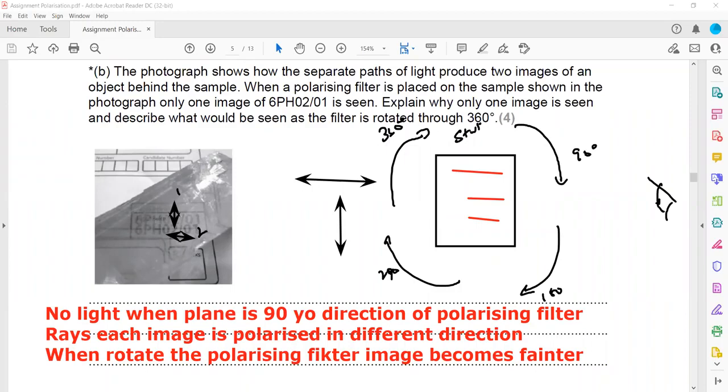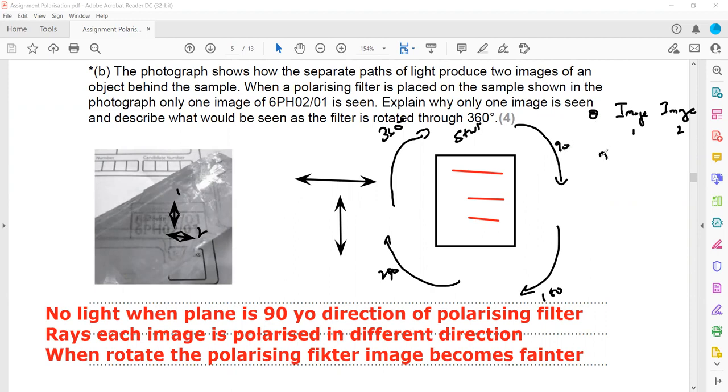So in the beginning, when the polarizing filter is placed, which image will be seen? We have image 1 and image 2 and the angle of rotation theta. I should write theta first because that is what we do. So for example theta, the angle.